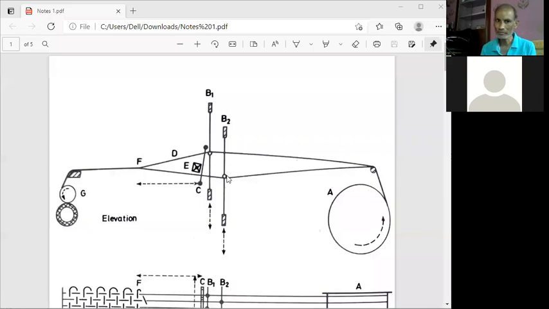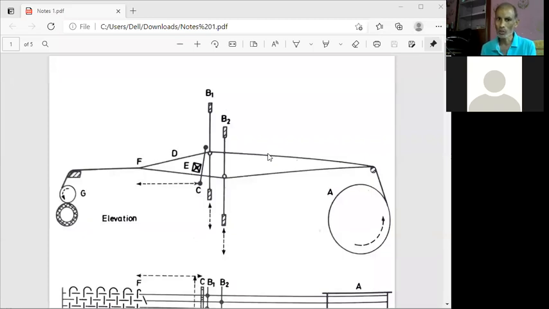So what will happen? The threads which are passing through B1, all these 1000 ends in this line, will be lifted because the heald frame is lifting, and inside the heald frame there are wires, inside the wires there is a heald eye, and through the heald eye we have passed the warp thread.